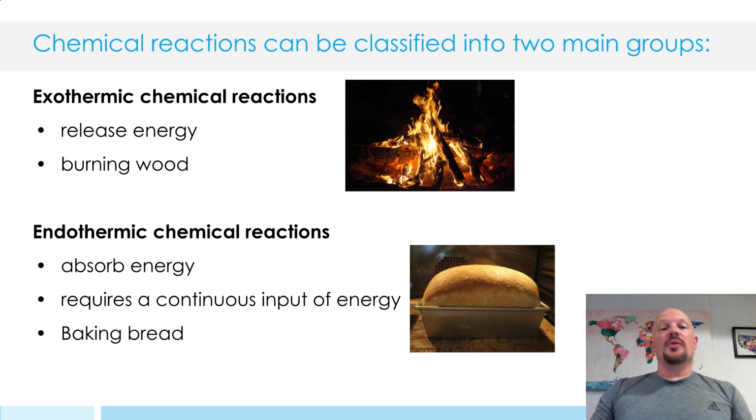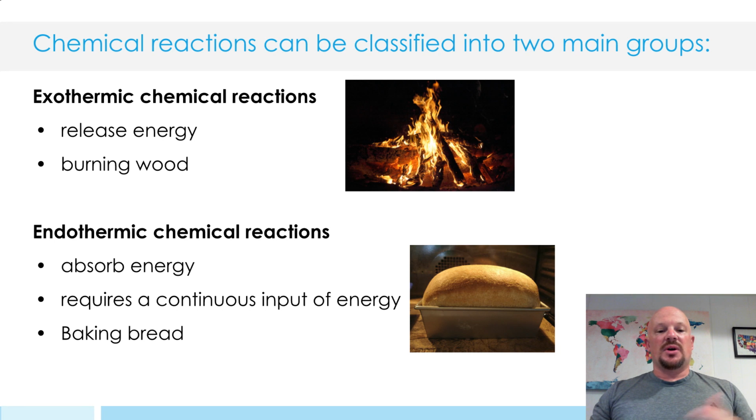And then there's endothermic reactions. Endothermic reactions absorb energy. They require a continuous input of energy, like baking bread. As heat is continually added to the bread, the reaction is continually taking place. It's absorbing that heat and creating something new as a part of that process.